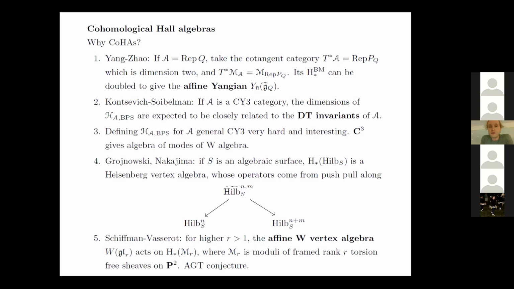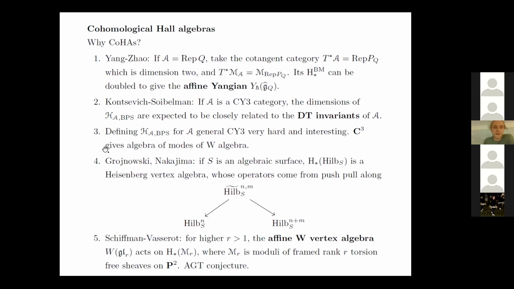Yang and Zhao showed that if you take its Borel-Moore homology, then this is very closely related to the so-called affine Yangian of the Kac-Moody algebra attached to this quiver Q. You actually have to do something called doubling, but it's very closely related to the affine Yangian. Secondly, if A is a Calabi-Yau 3 category, then the dimensions of this COHA are closely related to DT invariants.